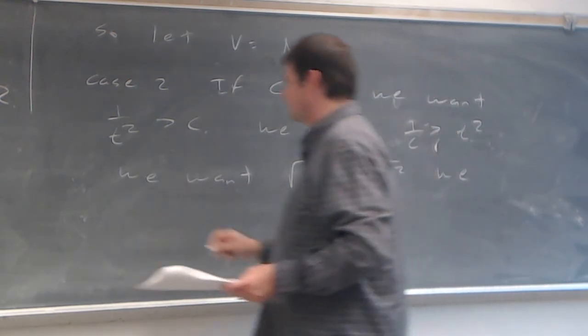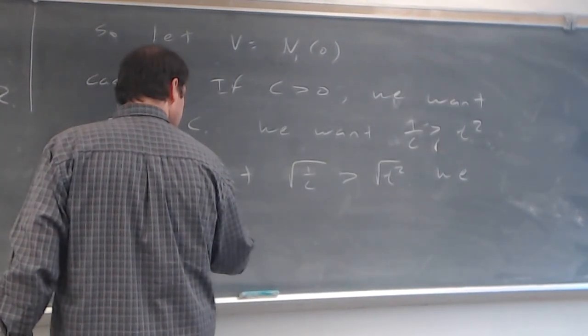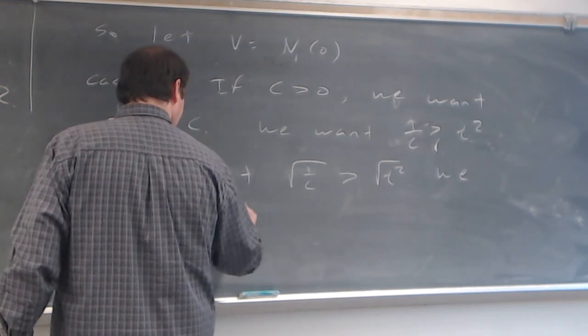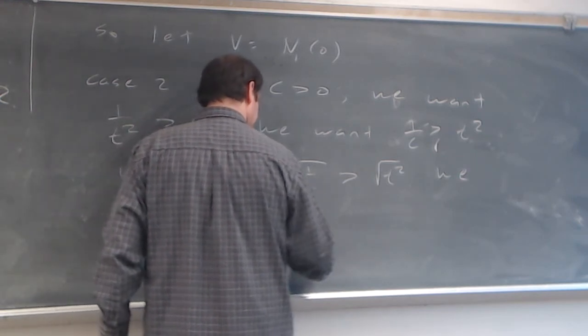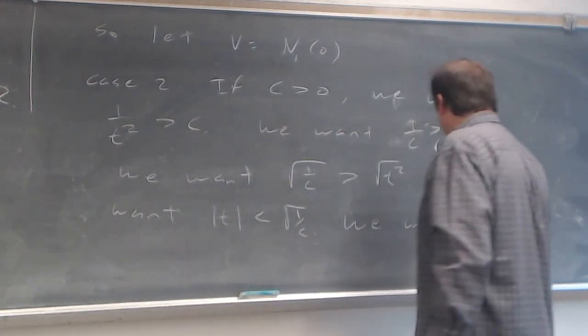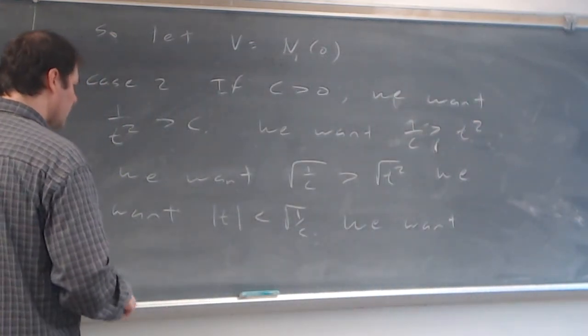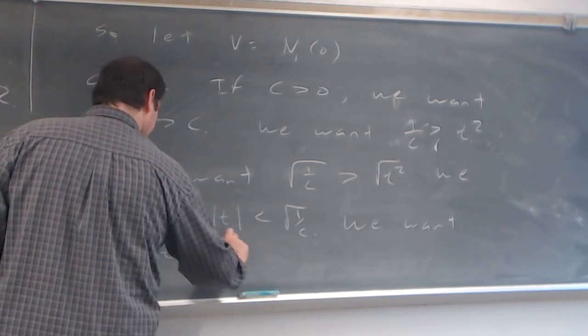So we want, if you will, the absolute value of t to be less than the square root of 1 over c. So we want the absolute value of t minus 0 to be less than the square root of 1 over c.